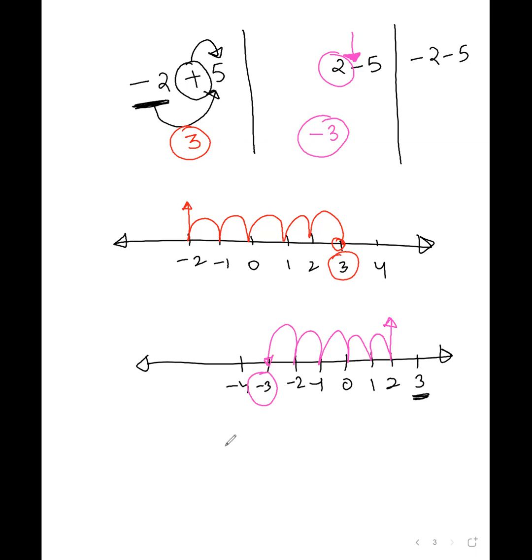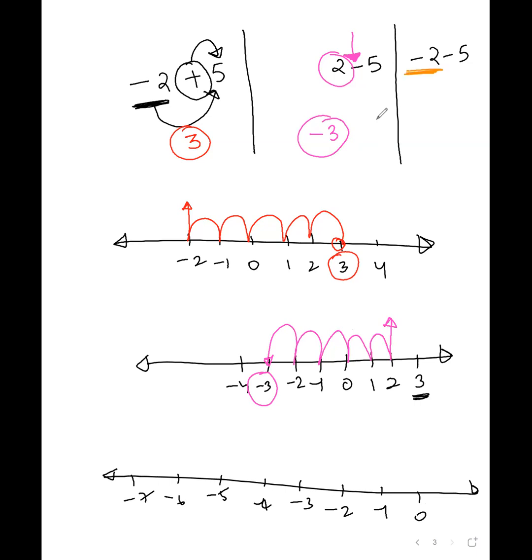Minus 2 minus 5. So you have this number line. You start over here, minus 2. This is 0, okay? 0, minus 1, minus 2, minus 3, minus 4, minus 5, minus 6, minus 7. We start from minus 2 and we go 5 units to the left. 1, 2, 3, 4, 5.